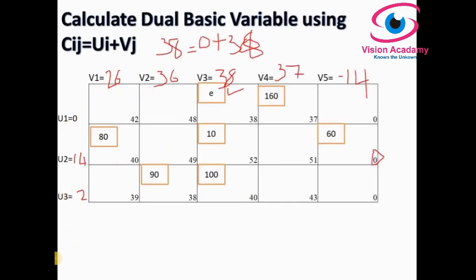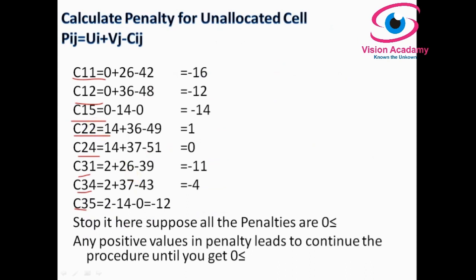Ui here is 0 plus V1, which is 26, minus Cij, which is 42. So 0 plus 26 means 26 only. 26 minus 42 is minus 16. Minus value is highest in this case. Look at that, I have calculated in the same way.